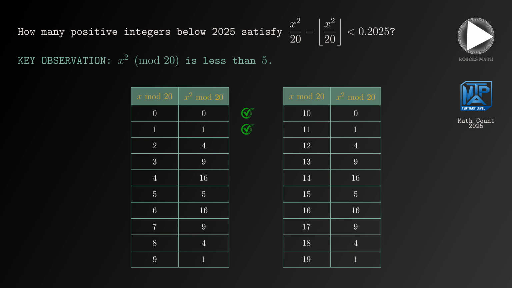When x is congruent to 2 mod 20, the remainder of x squared when divided by 20 is 4, which also satisfies the requirement. When x is congruent to 3, the remainder is 9, which does not satisfy the requirement. We do this for the rest and conclude that 10 out of the 20 possible remainders give a remainder less than 5.